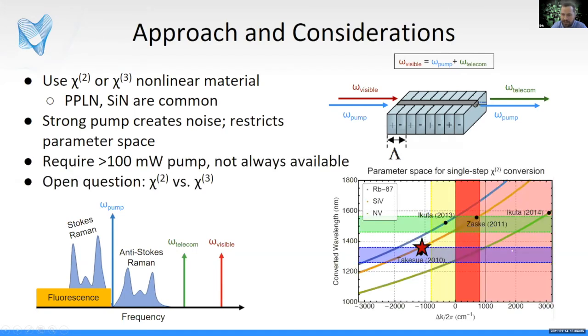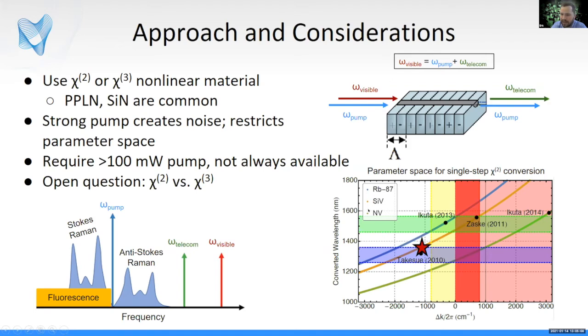I'm going to flash a sort of confusing looking plot here, but basically what is going on is that on the x-axis is the distance between the telecom wavelength and the pump wavelength, in wave numbers. On the y-axis is the converted wavelength that you end up in. In this space, one can draw lines through it based on various starting frequencies.